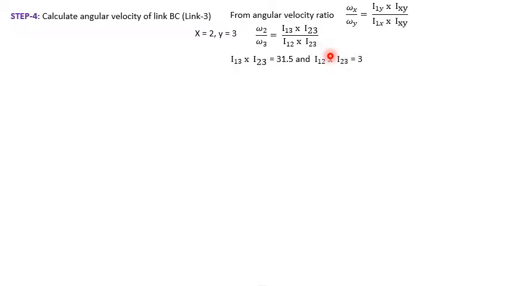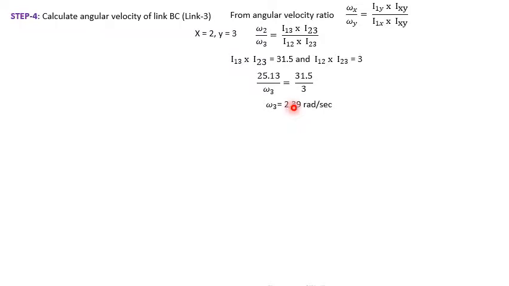Now from the instantaneous centers, we got the length of I13 and I23 as 31.5 centimeter, and the length of this line I12, I23 as 3 centimeter. Therefore, substitute these two values in the above equation and find omega 3.